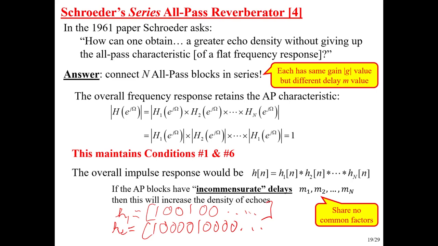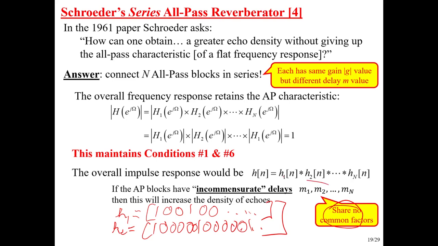If you convolve those together, you'll see that the spacings that you get are a lot closer than either of them. And you'll get a very interesting mix. It won't be very regular. But if you made this one, if you put another 0 in here and another 0 here before we put another 1, now we've got 3 and 6. Those do share a common factor, and in fact, that common factor is 3 itself. If you convolve those two together using the conv command in MATLAB, you'll see that you always have a spacing of 3.